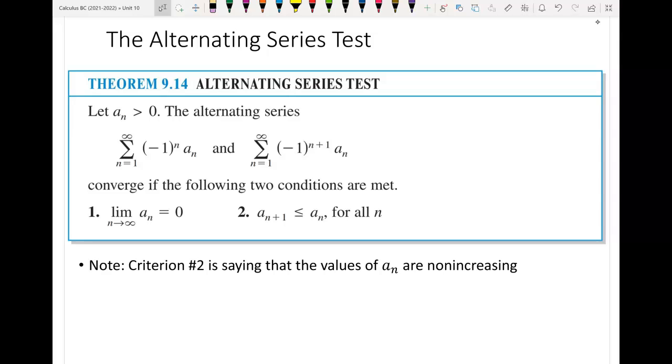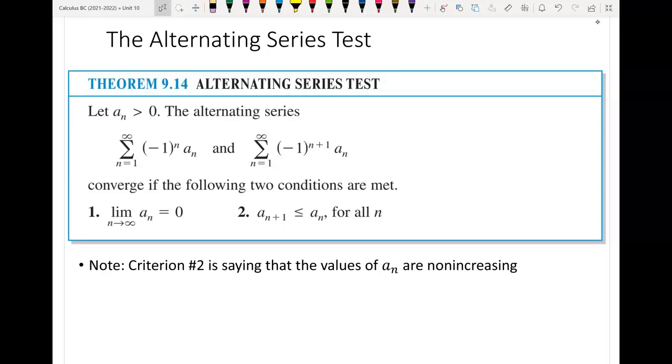Okay, so I'm going to go ahead and start going over this. It says let a sub n be greater than 0. So a sub n is a sequence where all the terms are positive. But then we throw that positive a sub n into this alternating series, and so we have that alternating component with the (-1) to the n, or to the n plus 1. Again, it doesn't matter which one it is.